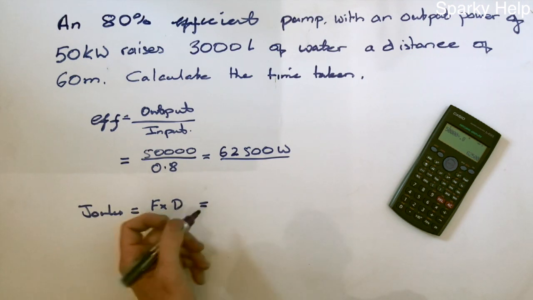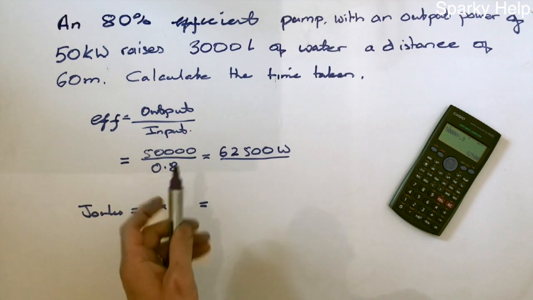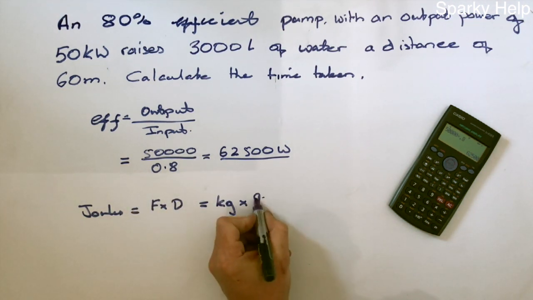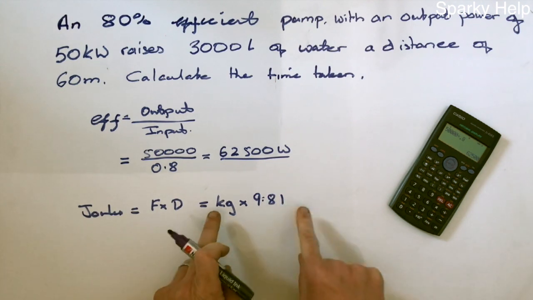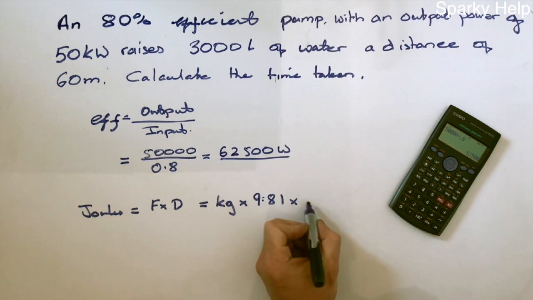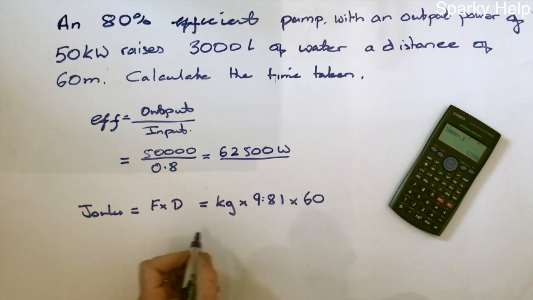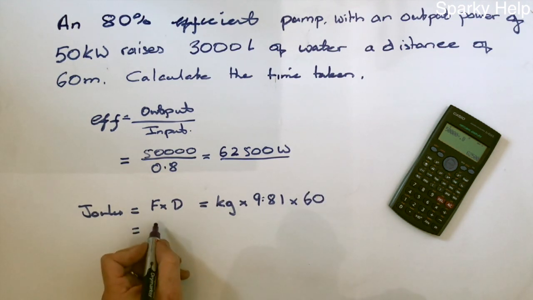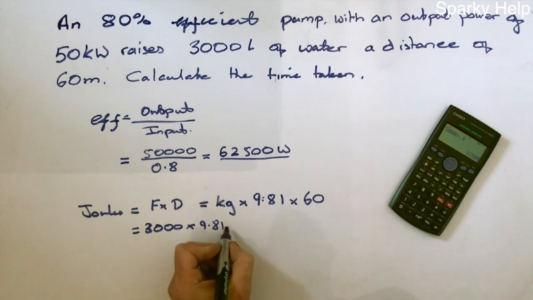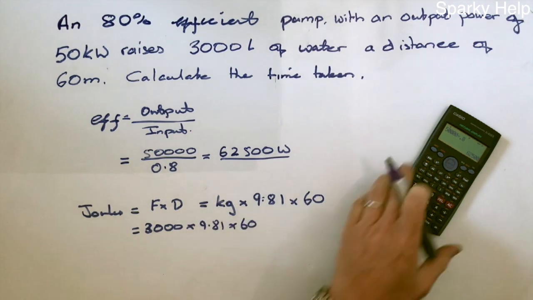We know that force is the amount of kilograms multiplied by 9.81, times the distance, and we know that is 60. So 1 litre of water equals 1 kilogram, so that's 3,000 times 9.81 times 60.